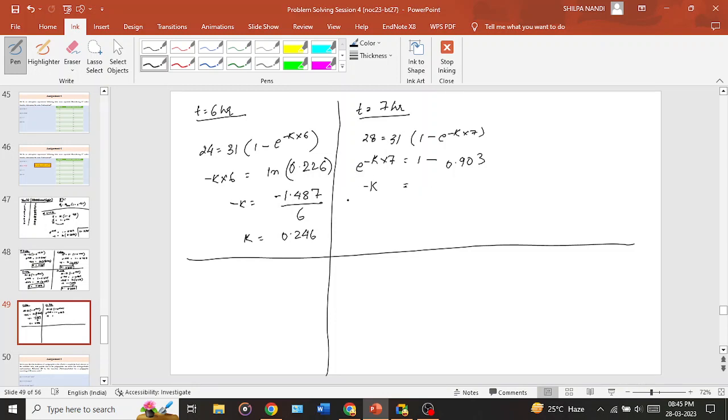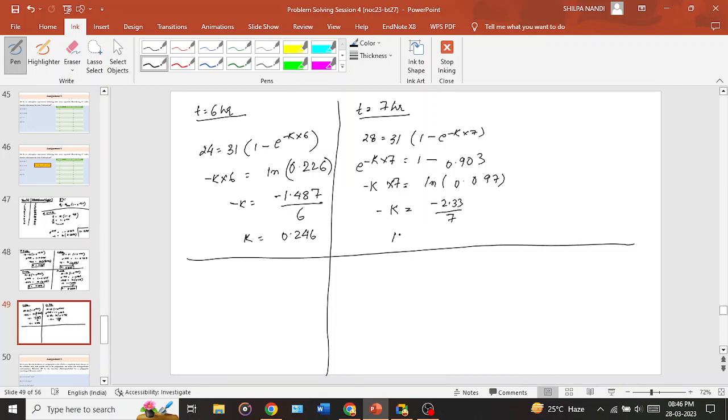This will be e to the power minus k into 7, which will be ln 0.097, right? And then k will become something like minus 2.33 by 7.